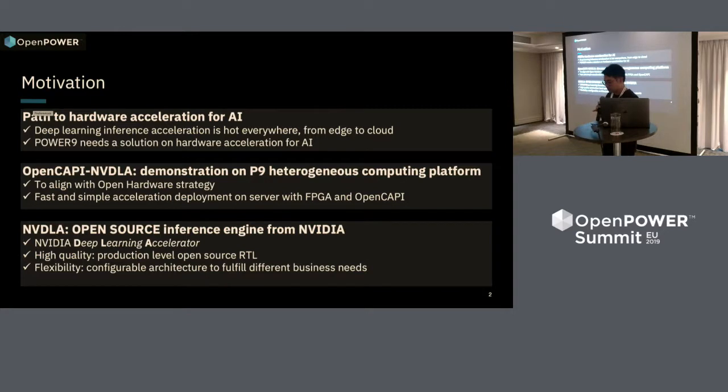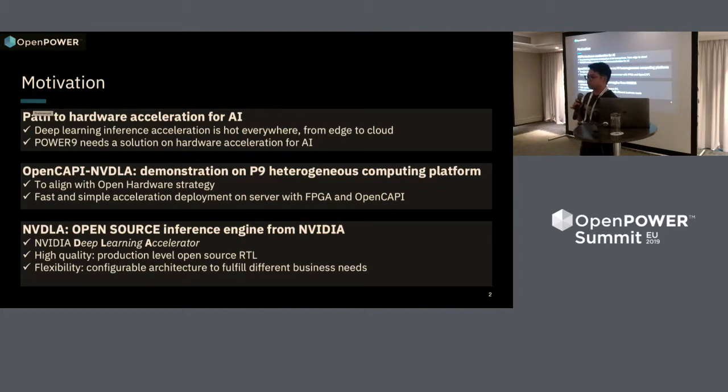So let's talk about some of the background. My topic is that we are trying to integrate one of the AI inference engines in the community with OpenCAPI. AI has been a very hot topic in recent years.